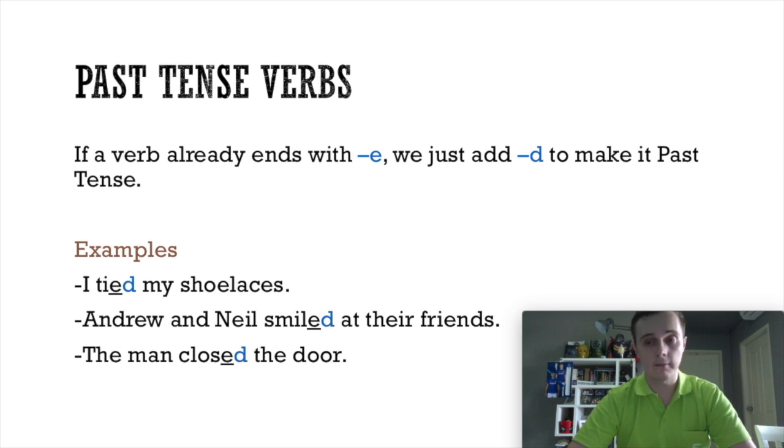Next one. Andrew and Neil smiled at their friends. The verb smile ends with an e, so we just add d to make it past tense. The man closed the door. The verb close ends with e, so again, we just add d to make it past tense.